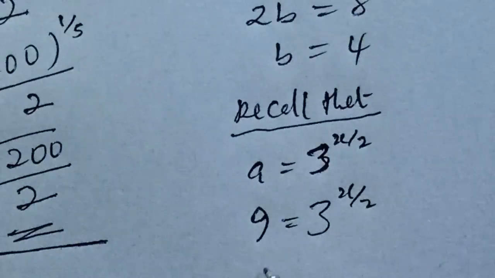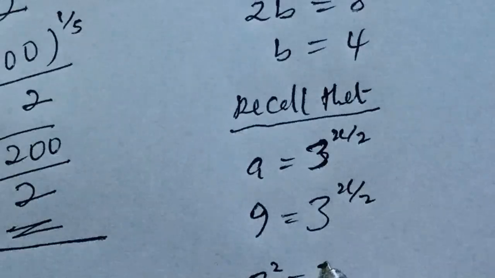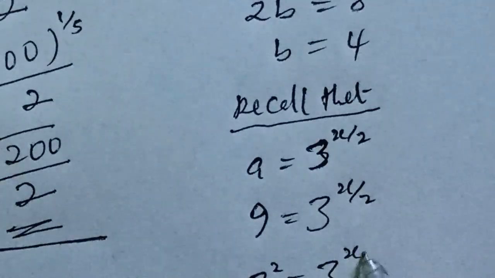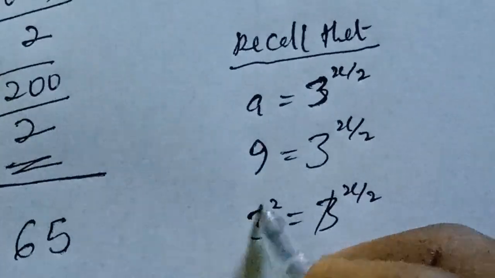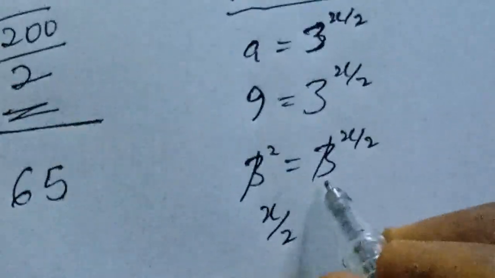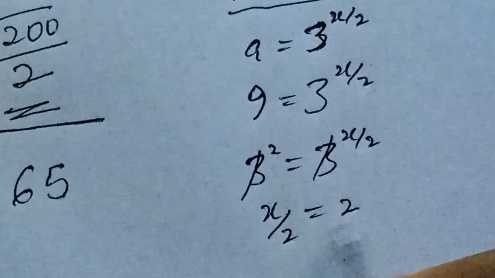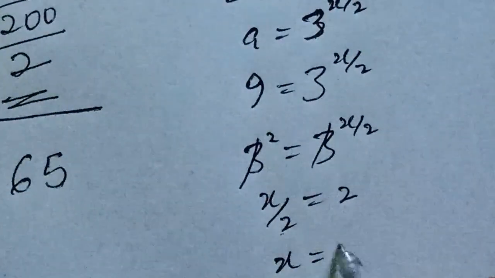So we now have 9 simplified as 3 raised to power 2 equals 3 raised to power x over 2. So we have the base to be the same. We cancel that. We have x over 2 equal to 2. We multiply this, then we have x equal to 4.